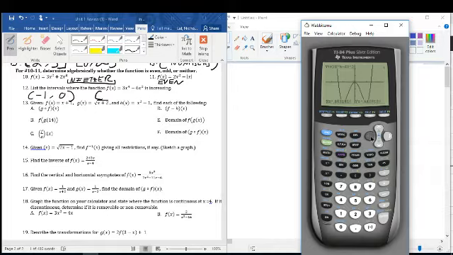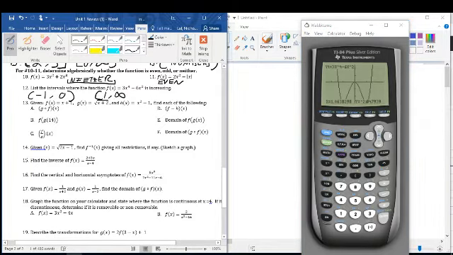Yeah, actually, this is the right way to do it. Yeah, it's -1. And then, yeah, that'll be about 1 to infinity. Okay.